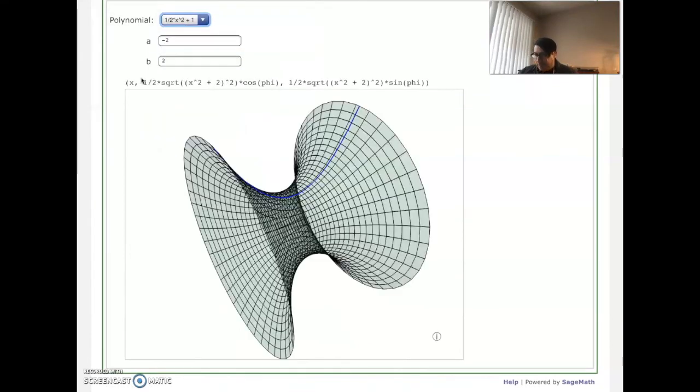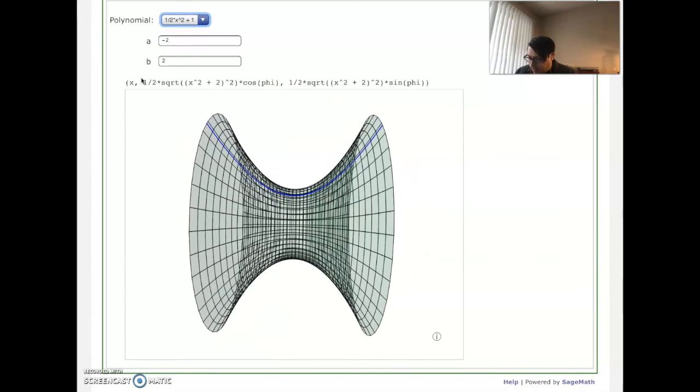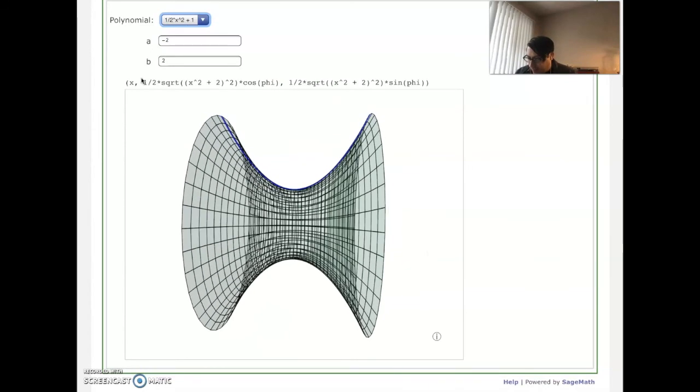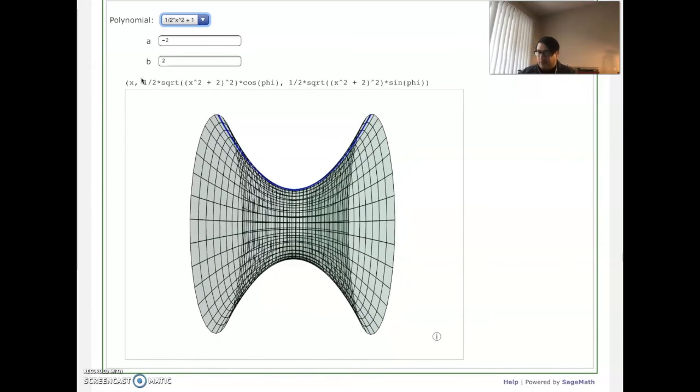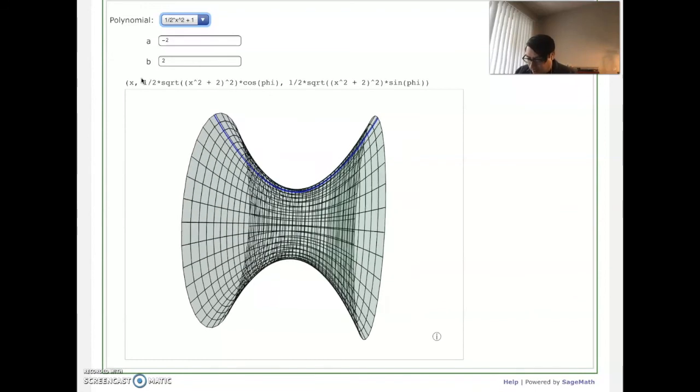Let's look at a parabola: 1/2 x squared plus 1. If we think about this as a curve, you all know parabolas very well, and it looks really similar to the hyperbolic cosine. The reason I chose hyperbolic cosine is that there are some really nice properties about it that I won't get into right now. It's a minimal surface, for those who know that.